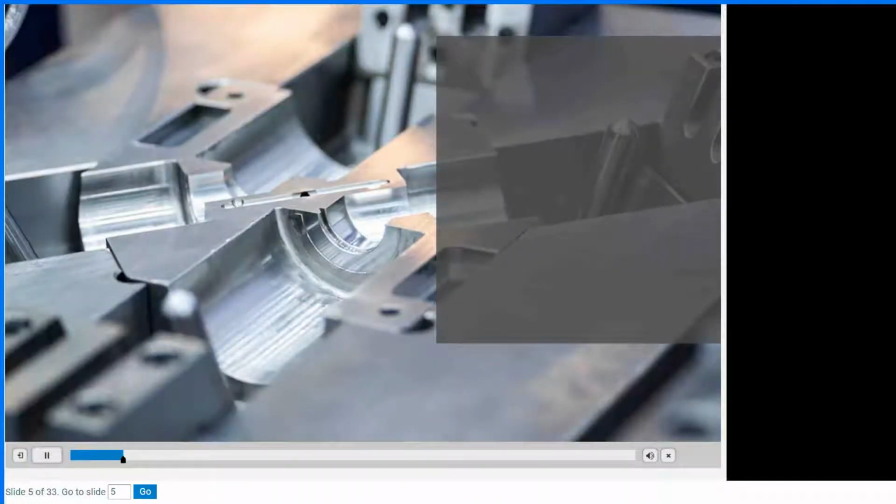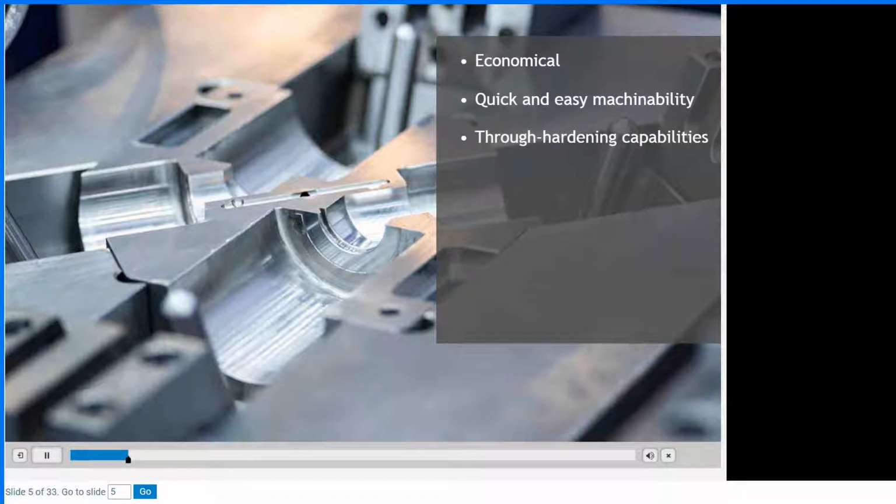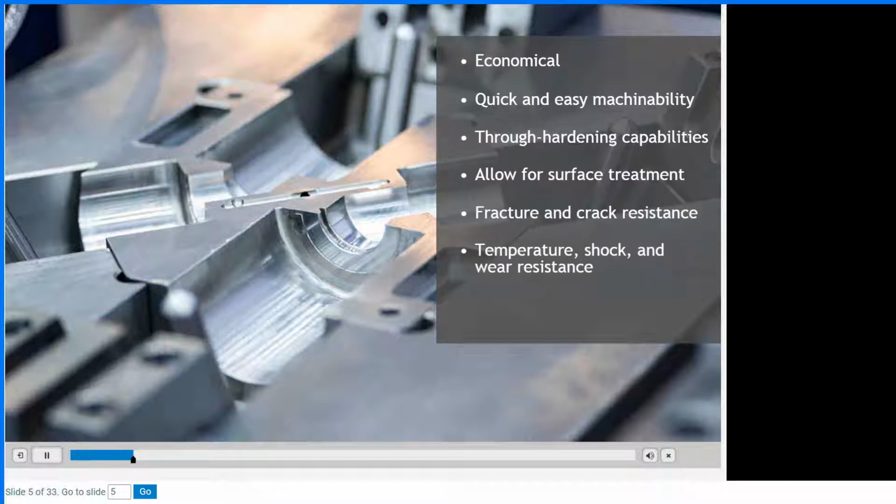Mold steel for injection molds should have the following attributes. It should be economical, have quick and easy machinability, have the ability to be through hardened, allow for the application of surface treatment, have high fracture and crack resistance, have temperature shock and wear resistance, and have a high thermal conductivity. Man, this is a long list.